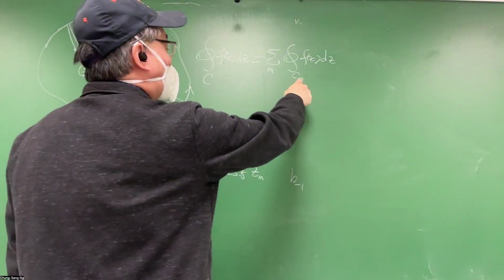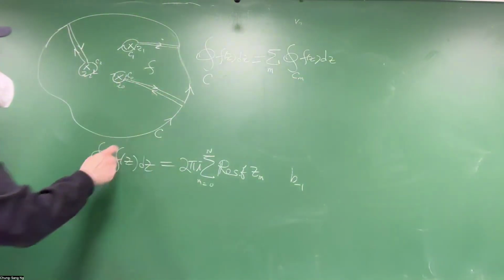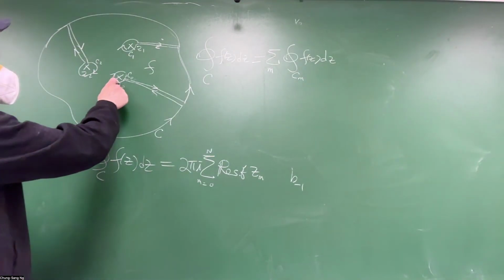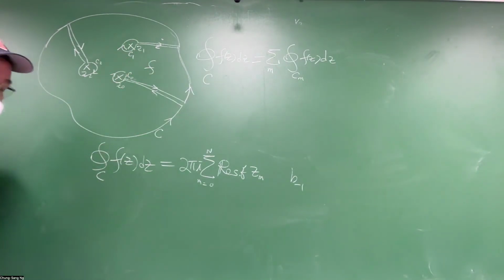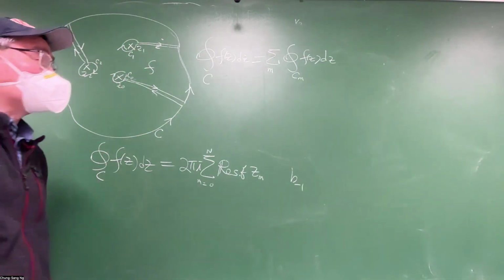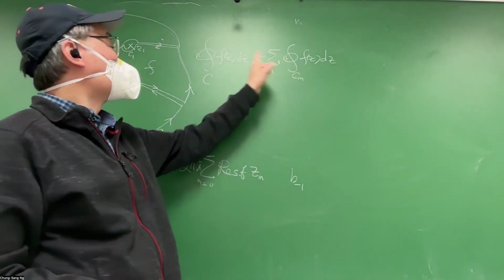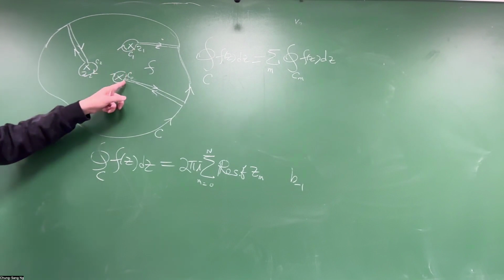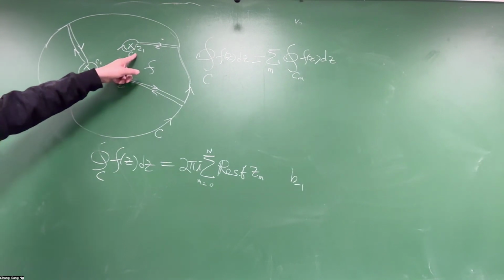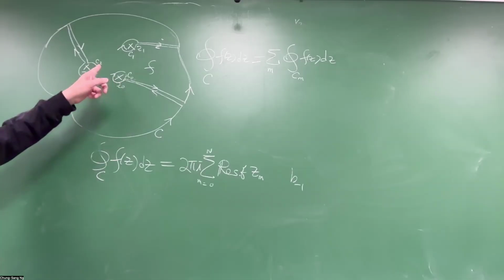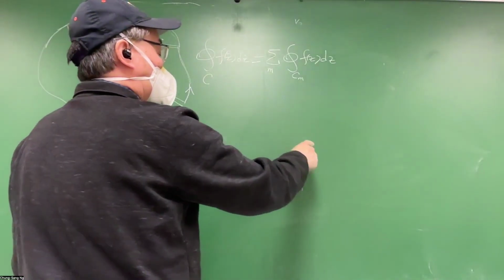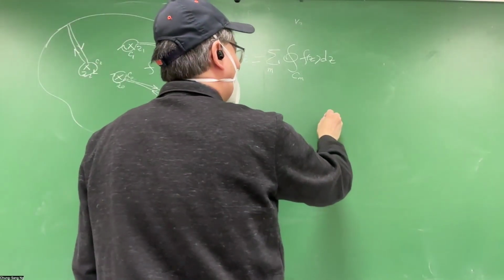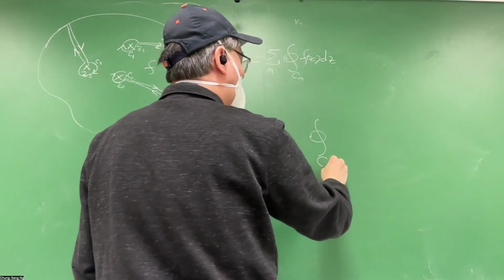Now, all these loops are very close to the singularities, so on each of these circles the Laurent series applies individually. You have a different Laurent series over each different circle. So look at just one of them, the C sub m.